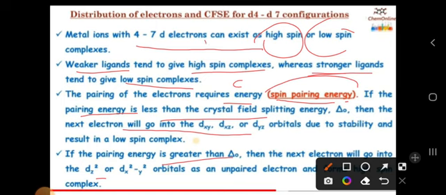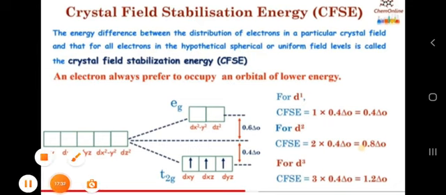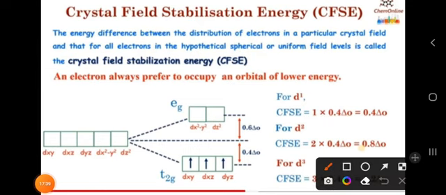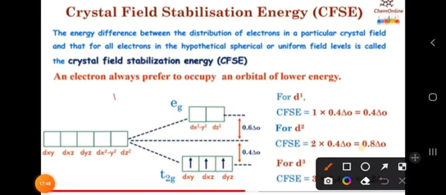See here, for example, d1, d2, d3 we have seen. The energy is very small compared to delta naught. How do we know the energy is very small? See here, it is having 0.4, 0.8 and 1.2. We have a total of 10 delta naught for octahedral.